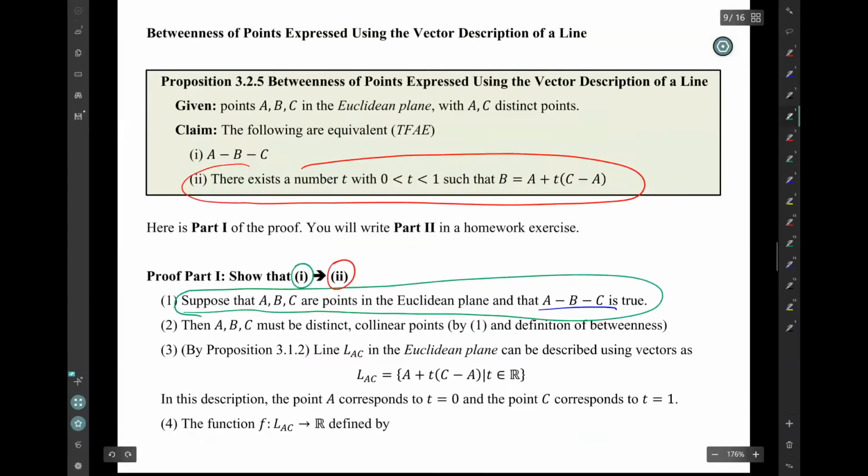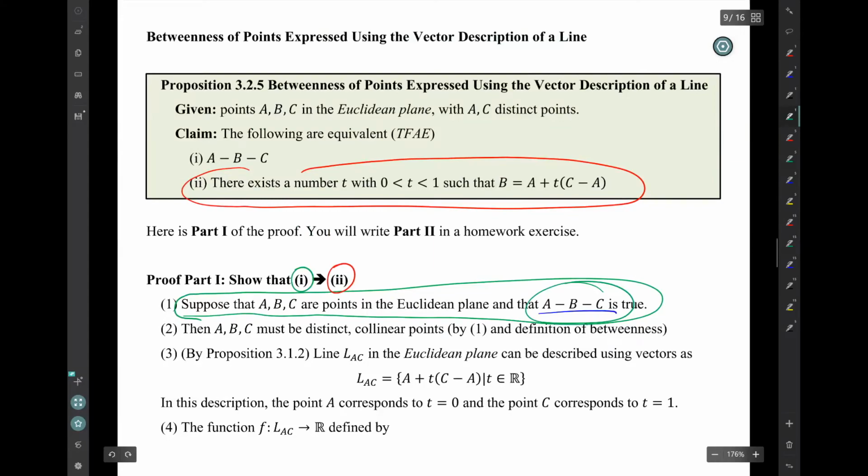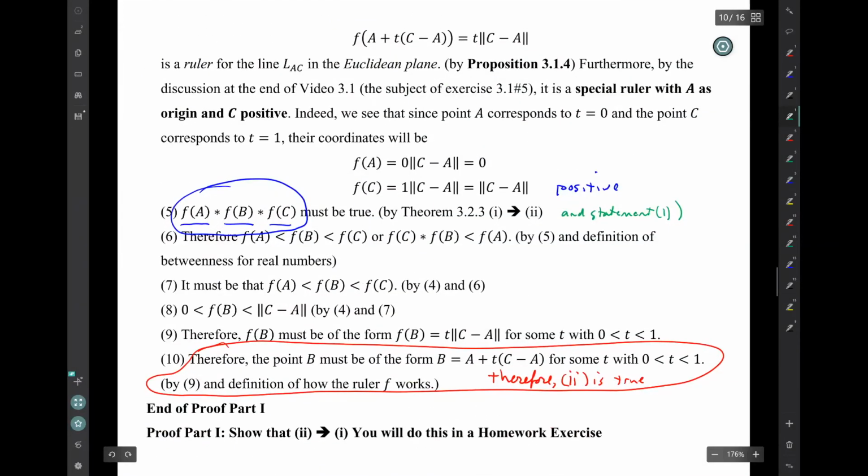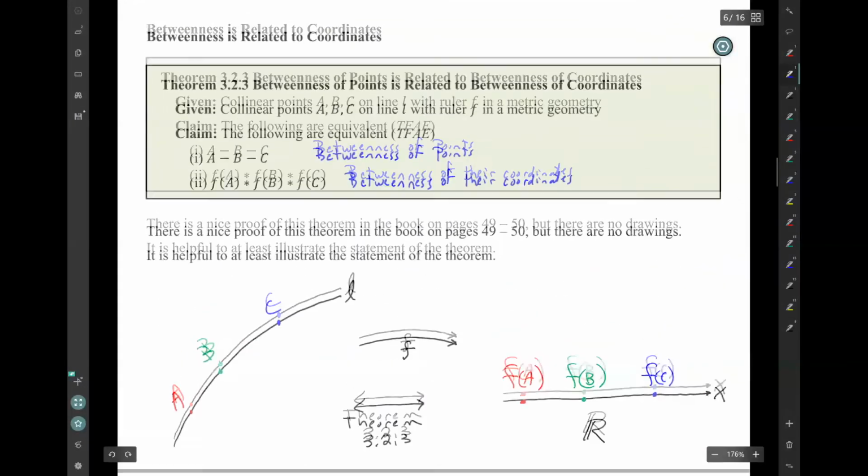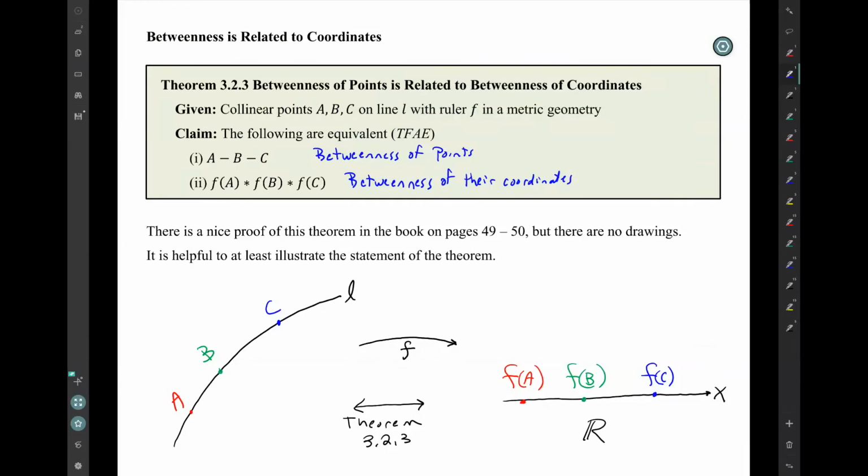Statement 1 says that A-B-C is true. Now my justification says I'm going to use that fact, and I'm going to use theorem 3.2.3, I arrow double I. Well, let's go back up and look at theorem 3.2.3. Here's theorem 3.2.3.